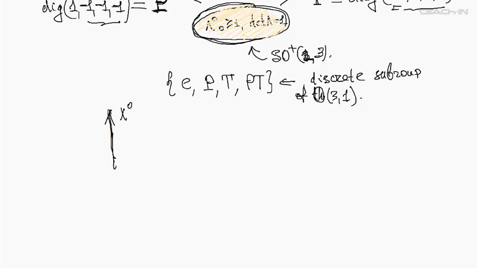And then there are 3 rotations between these axes, x, y, y, z, and x, z. But also there will be 3 rotations between x0 and one of these 3 axes.